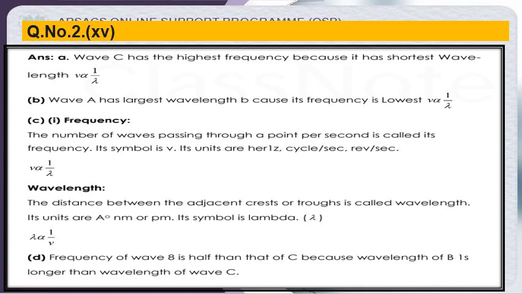So wave C will have the highest frequency as the wavelength is very short here, while wave B has an intermediate one, so its frequency will be in between wave C and A, while wave A has the longest wavelength, so its frequency will be low. You should remember the relationship of frequency and lambda, that is, nu is equal to c upon lambda.